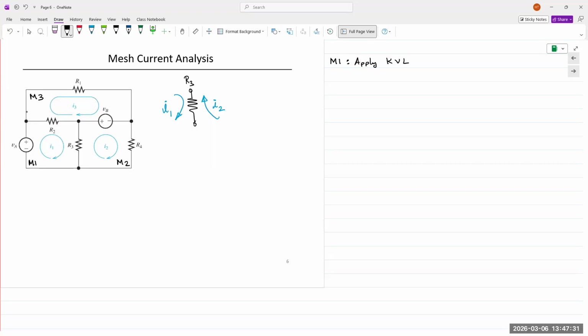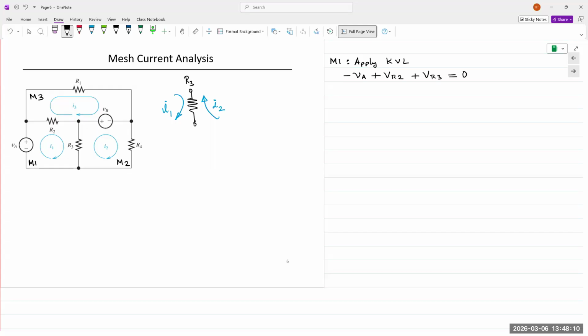I'm going to say minus VA plus VR2 plus VR3 is equal to 0. Or you could say VA minus VR2 minus VR3 equal to 0. Same equation, no difference.